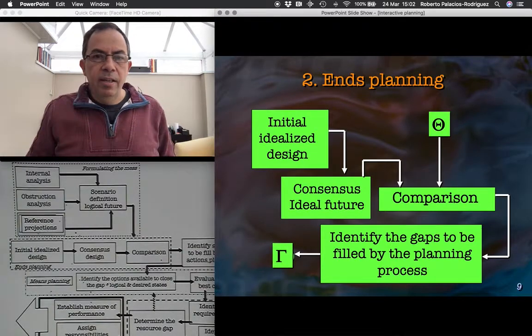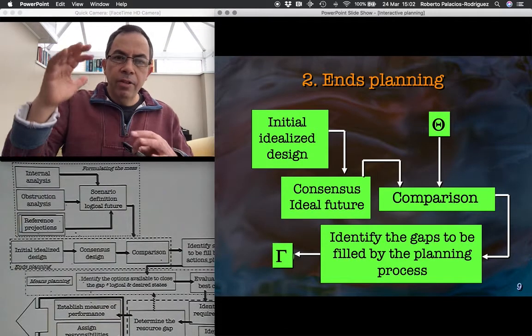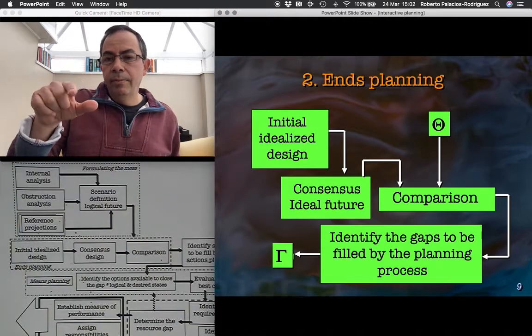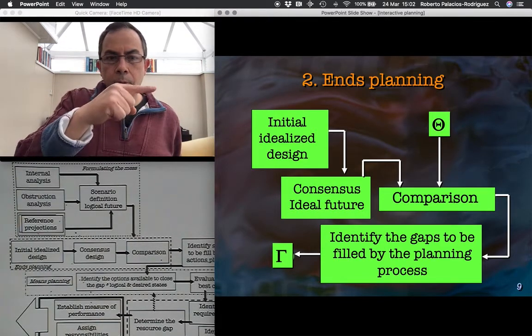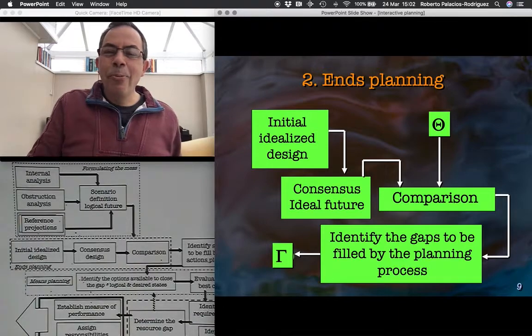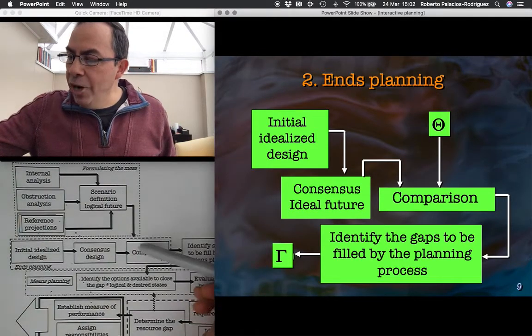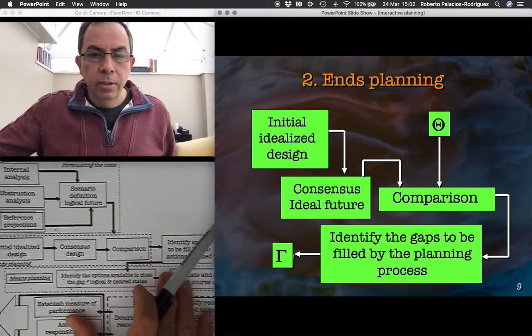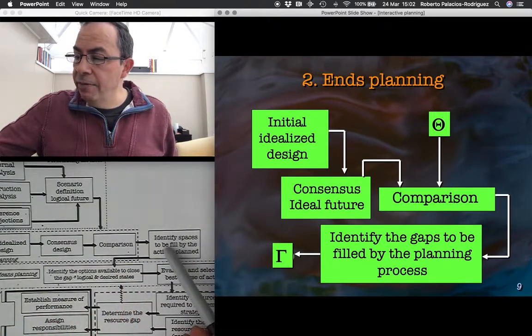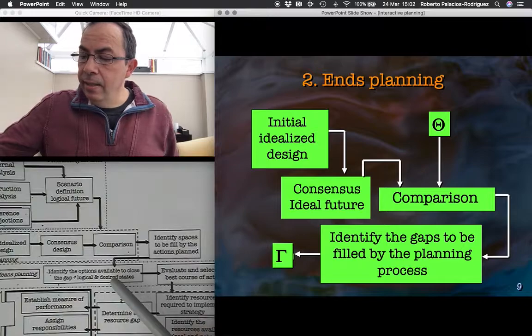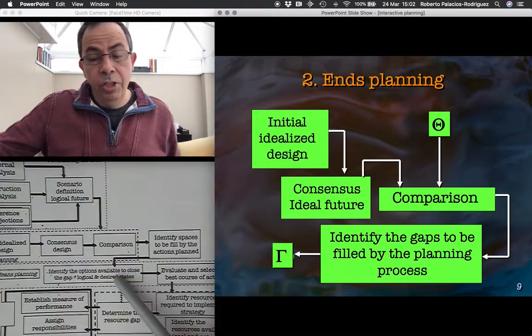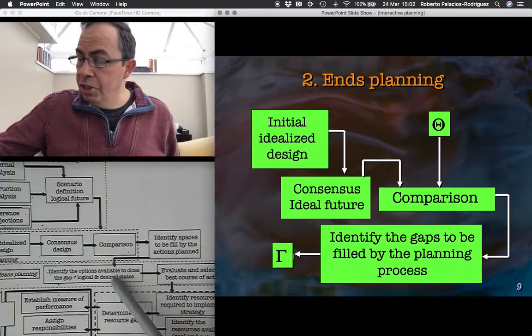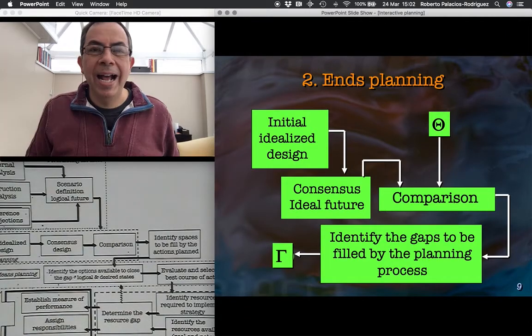So as you can see in the presentation, then there is communication. The omega sign, somewhere right there, is connected to the previous state. The product of the gap identification feeds this stage, which is the third one, referred to as means planning.